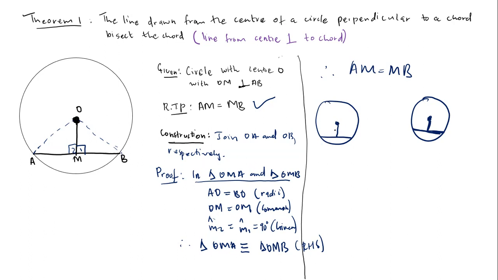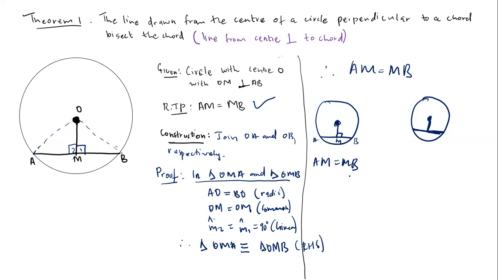Remember, theorem number 1 says, if you have a line from the center, and this line acts perpendicular to the chord of the circle. Therefore, remember, here we have A, and here we have B, and then here we have M. So if you have this, that means AM is going to be equal to MB. And the reason for this is: line from center perpendicular to chord. So if the line from center is perpendicular to the chord, that means AM is equal to MB.